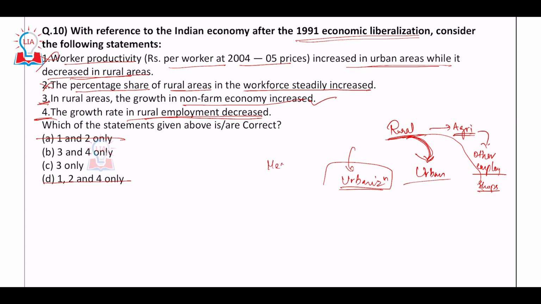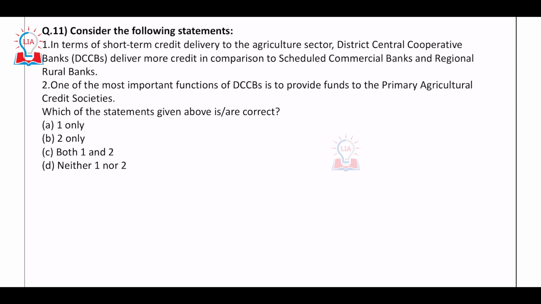There can be multiple reasons like mechanization of agriculture, and opportunities provided by other sectors, that is your secondary sector and tertiary sector. Because of these reasons, the growth rate in rural employment might have decreased. Clearly, it would decrease whenever urbanization increases. So after 1991, urbanization has increased. So 3 and 4 is the right answer. So you can go with B, right? Even without any knowledge about 1 and 2, you would be able to solve this particular question.